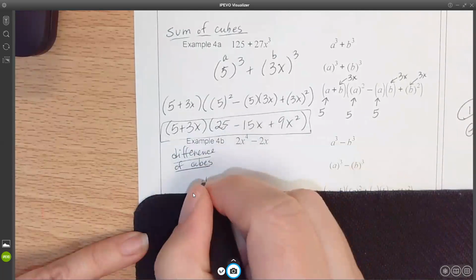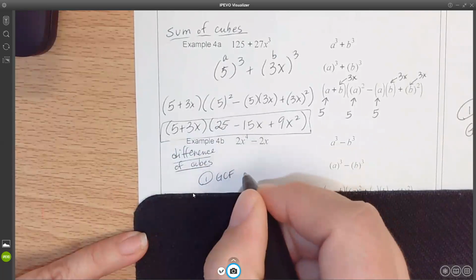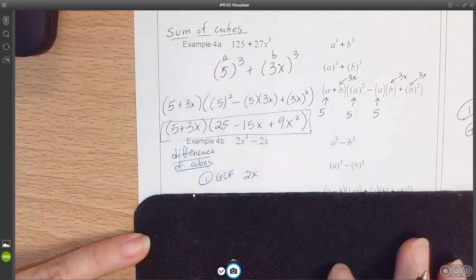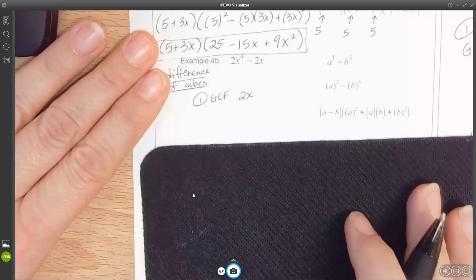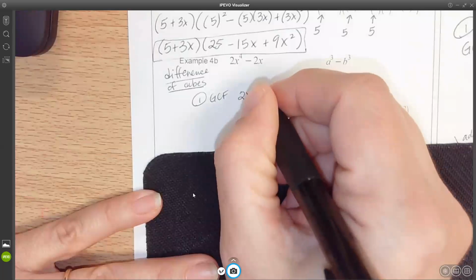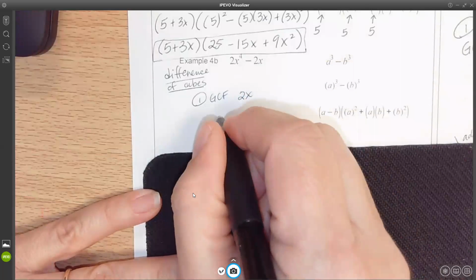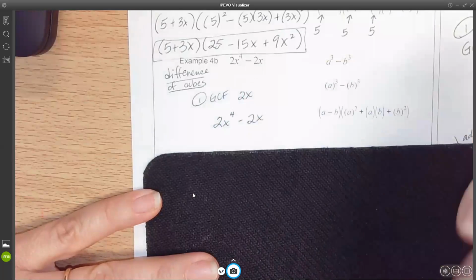First, with this one, I have a greatest common factor, and it's 2x. So if I factor out 2x, 2x to the fourth minus 2x.